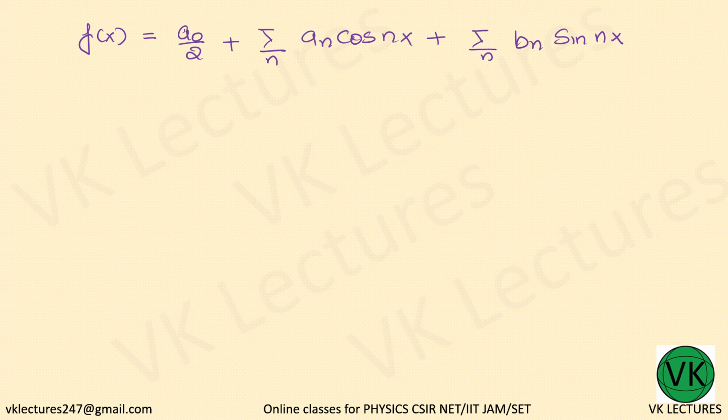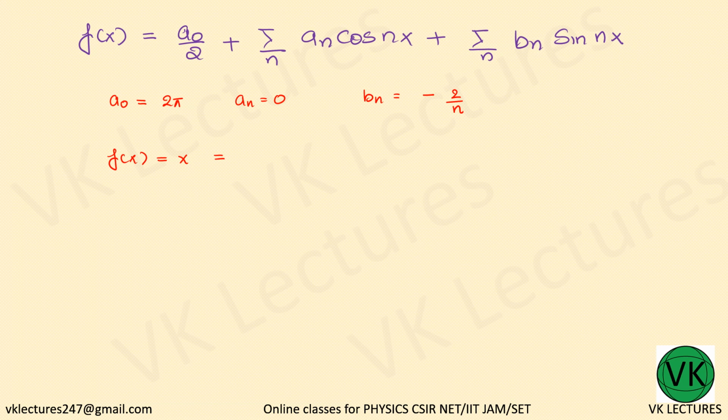Now here we have the formula for the Fourier series of f of x, and a naught is 2 pi, an equals 0 and bn equals minus 2 by n. Substituting for these values, f of x equals x, that's equal to a naught by 2.